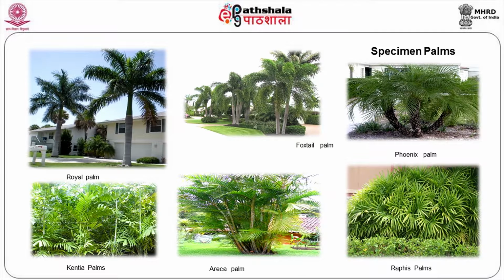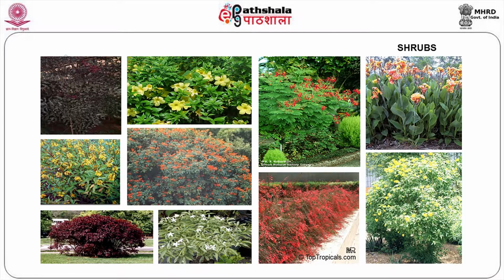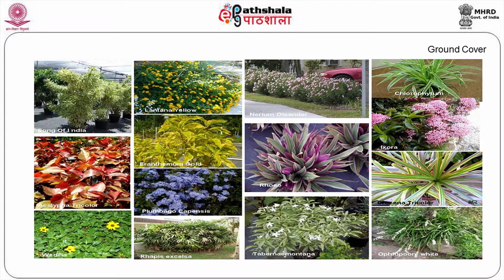Then your specimen palms are there: royal palm, foxtail palm, phoenix, raffles, kentias and areca palms. Then your shrubs, different types of shrubs to give color and foliage. Again, color and foliage with different plants and ground covers.